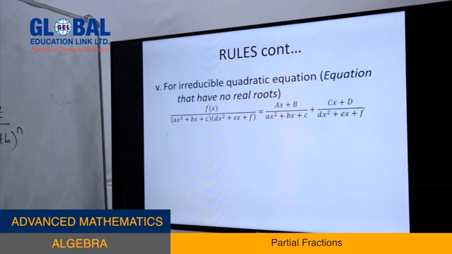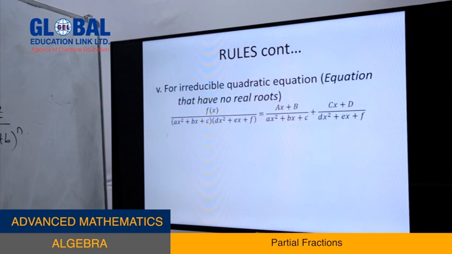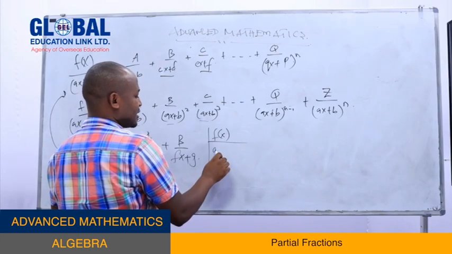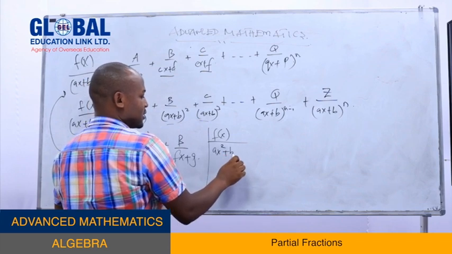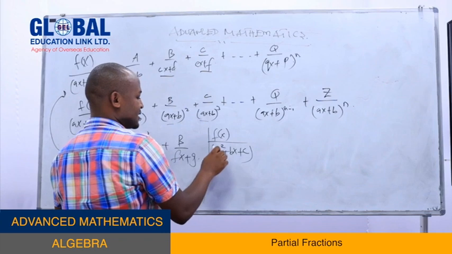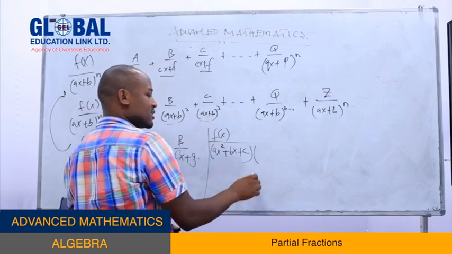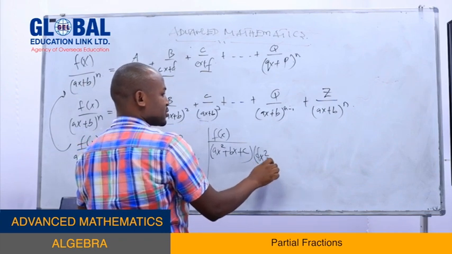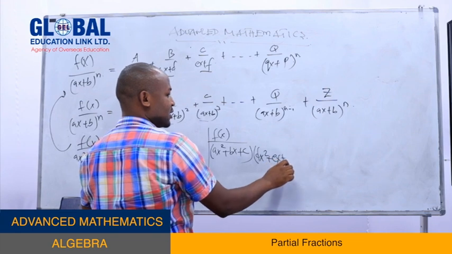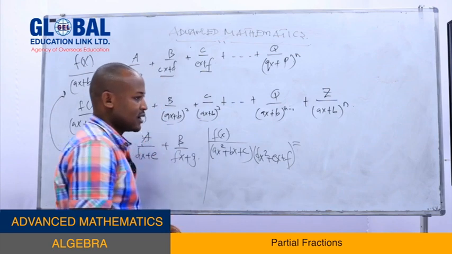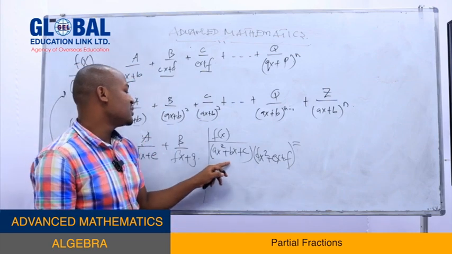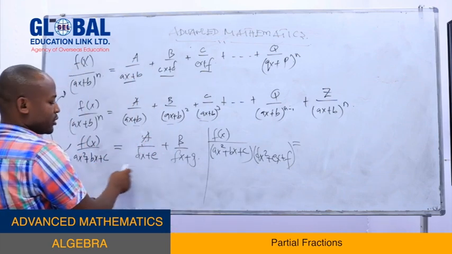Let's see the next one, for an irreducible quadratic. How can we do that? We have a function with a quadratic ax squared plus bx plus c, and another quadratic dx squared plus ex plus f. Now this cannot be separated into distinct roots as we saw there.